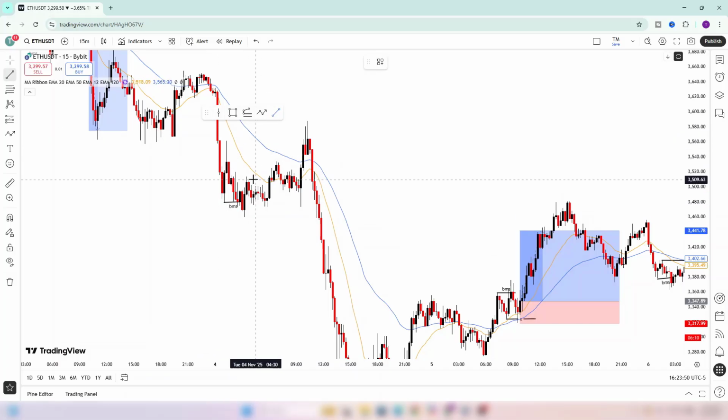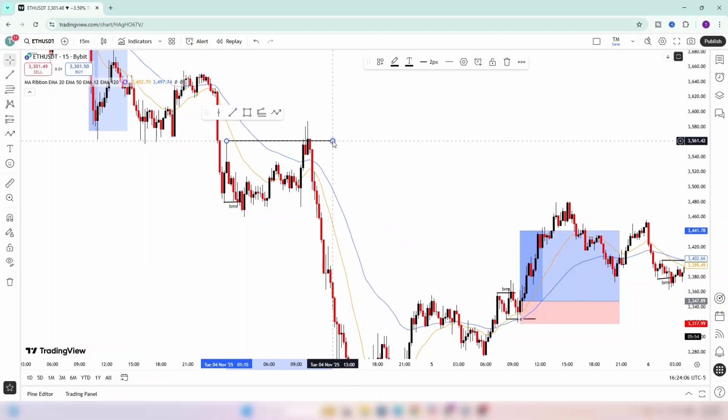Okay, so remember, this is not a valid short-term swing high. Remember, this is not the valid short-term swing high. Remember, this is the valid short-term swing high. So what happened at this point? Liquidity was being raised in the market, and it took out this short-term swing high.